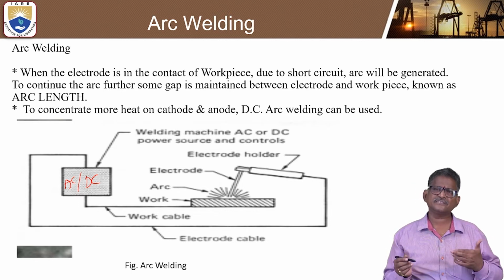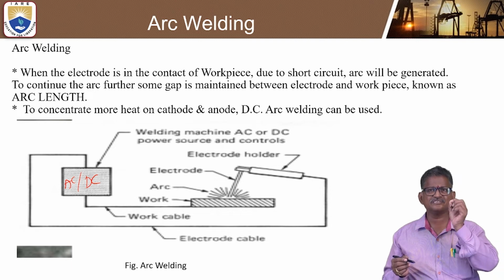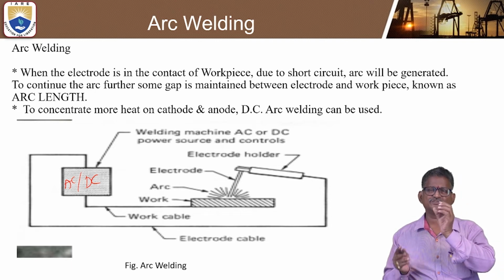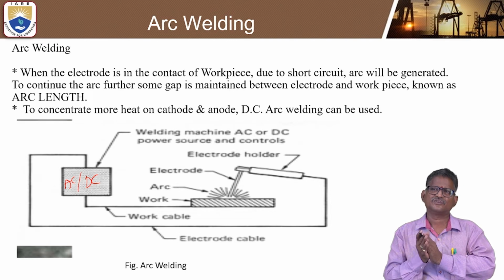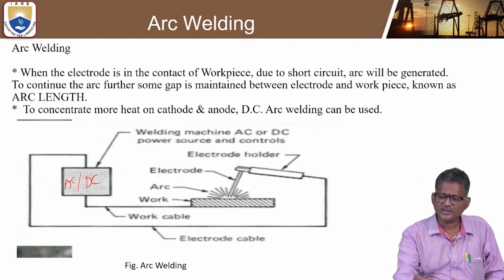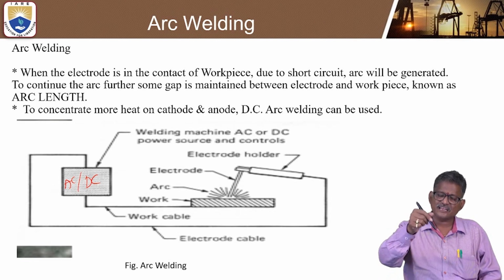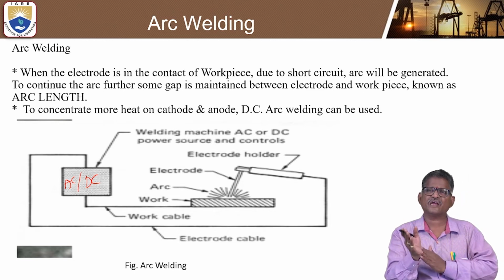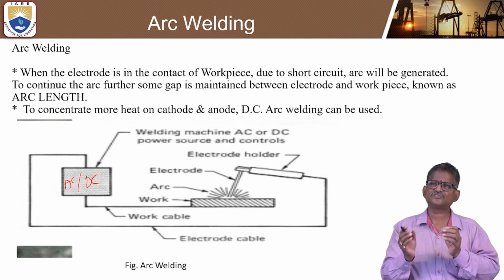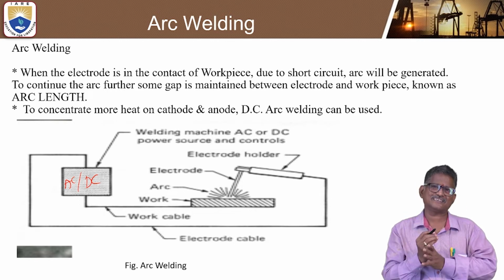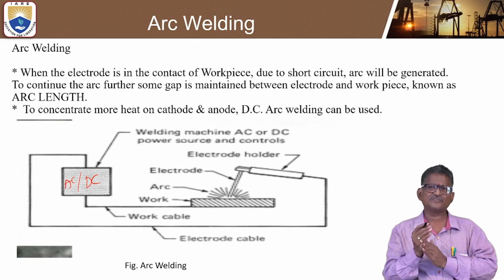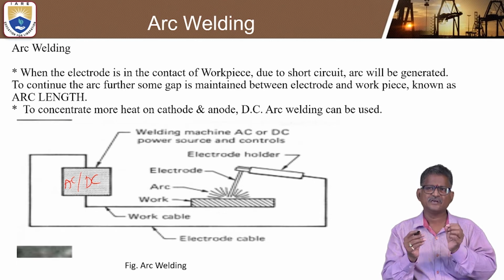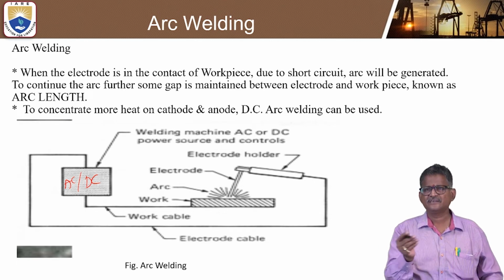And in this case, when the electrode contacts the workpiece, due to the short circuit, an arc will be generated. How will this arc be generated? When you touch that electrode to the work, a sudden short circuit happens, and due to the short circuit, some arc and spark can be generated. To continue the arc further, some gap is maintained between the electrode and workpiece.